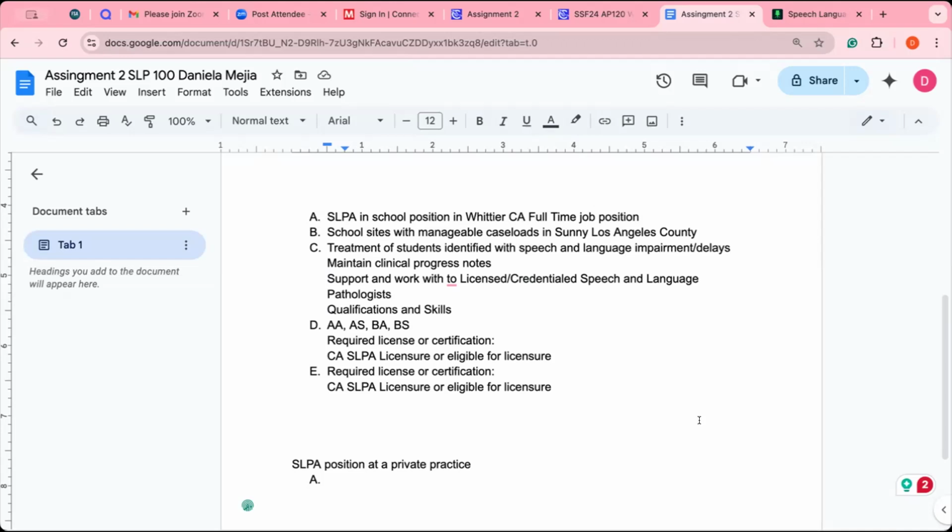Okay, let's take a look at a couple of these and see what they look like.